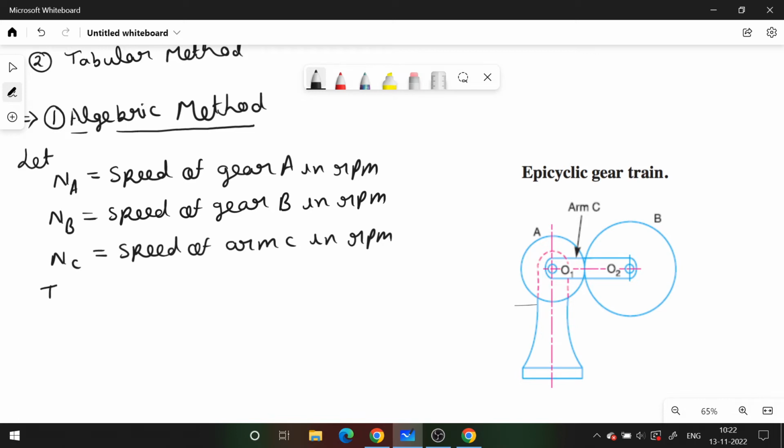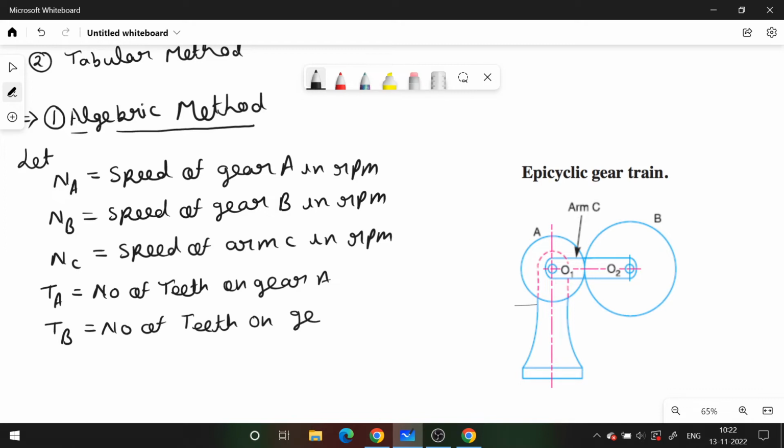TA is the number of teeth on gear A, and TB is the number of teeth on gear B.